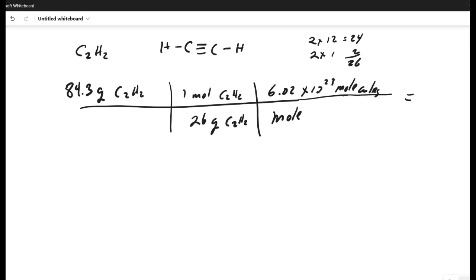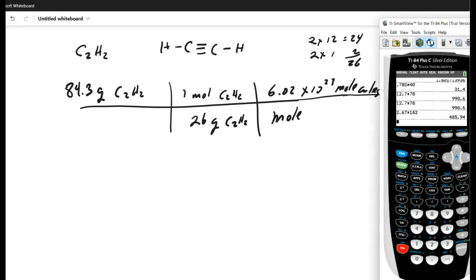And so when I do that, it's going to be a pretty big number. I'll bring the calculator out for that, show you how to put it in the calculator. So we got 84.3. That's the number of grams I have of that material. I'm going to divide it by the molar mass. Okay, so that gives me 3.242 moles. So now I need to multiply that by 6.02, and then I have a second, and then the E button.